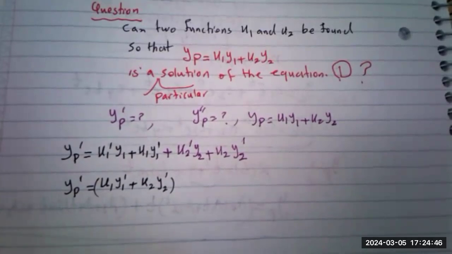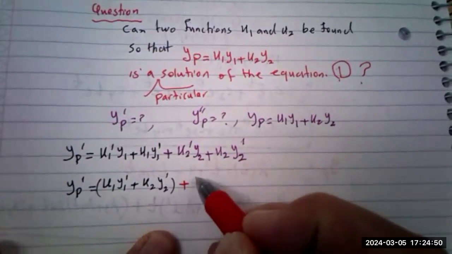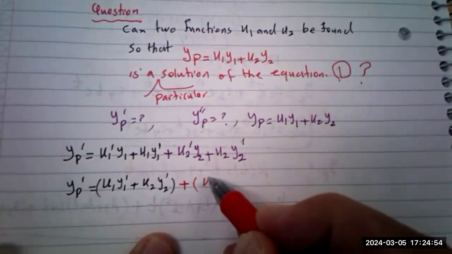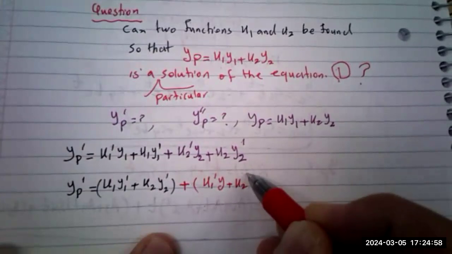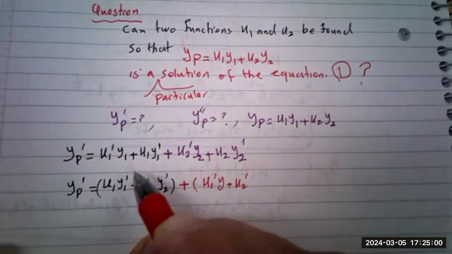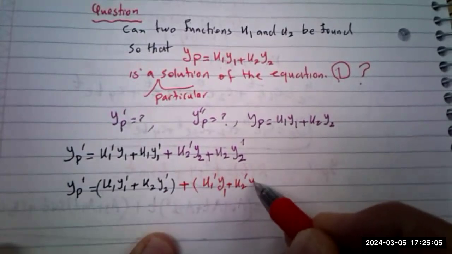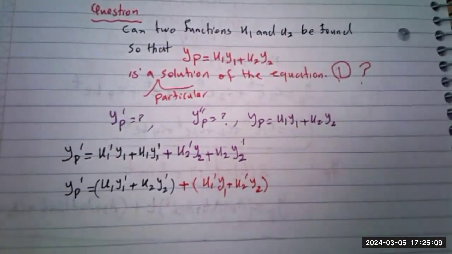So what's going to be the leftover? The leftover is u1 prime y1 plus u2 prime y2. I group them together to get these terms.